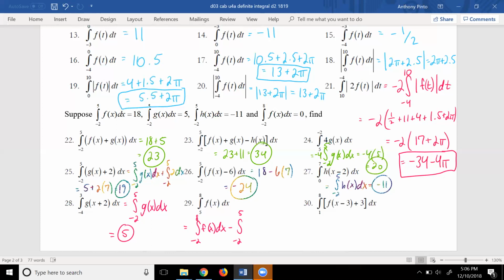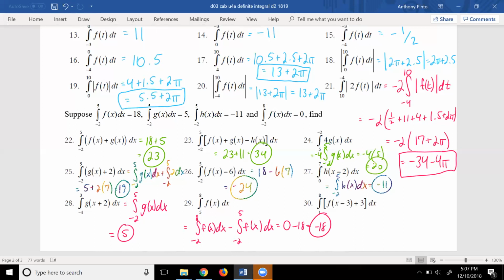I have the big interval from -2 to 8, I'm subtracting off -2 to 5, and I'm left with the integral from 5 to 8 of f of x dx. And our final answer is 0 minus 18, or -18.